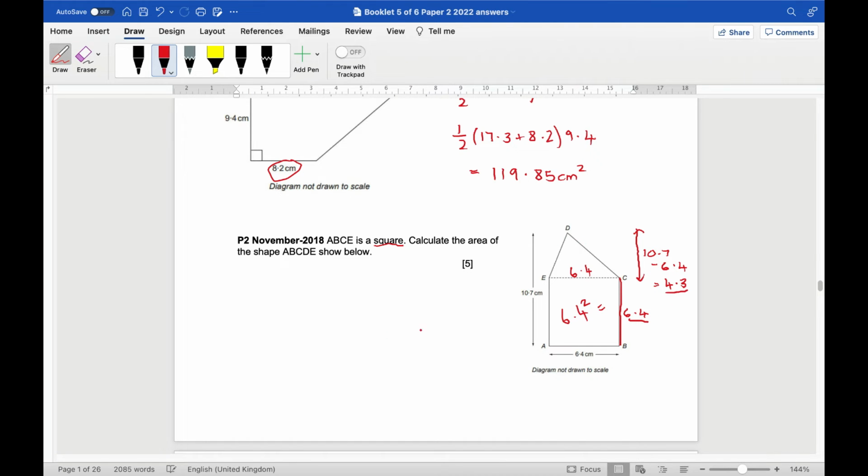So the triangle bit is base times height divided by 2. And I'm going to add on to that the area of the square, which is 6.4 times 6.4. So you've got the area of the triangle plus the area of the square. Work it out.